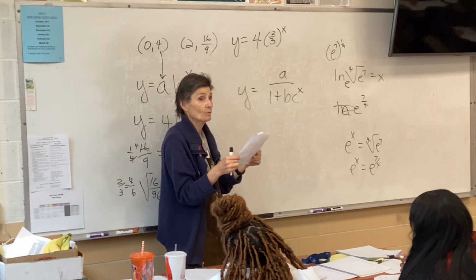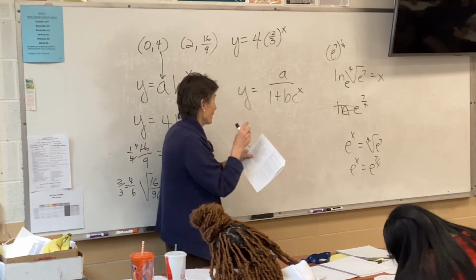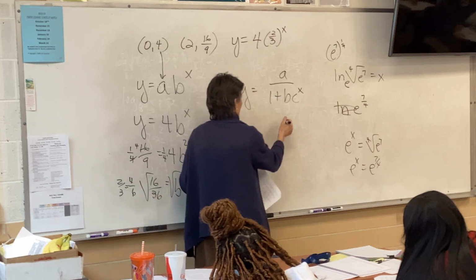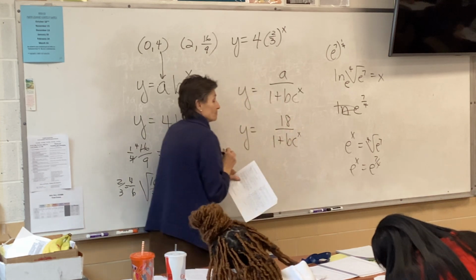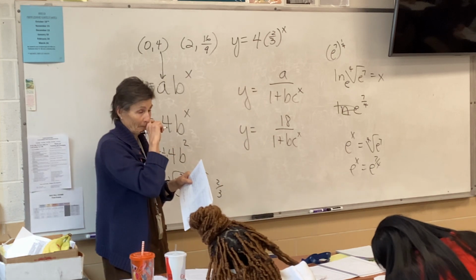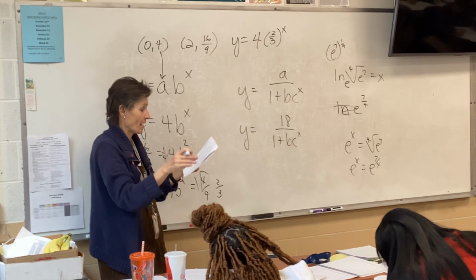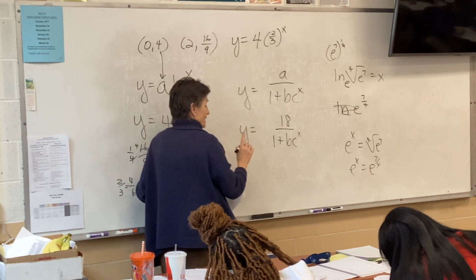What can we stick into the logistic from all the information they gave us? The limit to growth. The limit to growth is 18, and where does that go in the equation? y equals 18 over 1 plus bc to the x. So the limit to growth, I'm done with that. The initial value was 6.